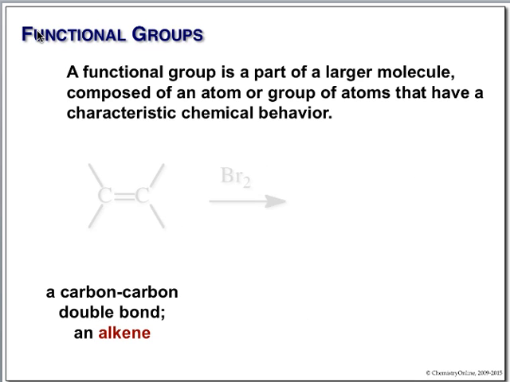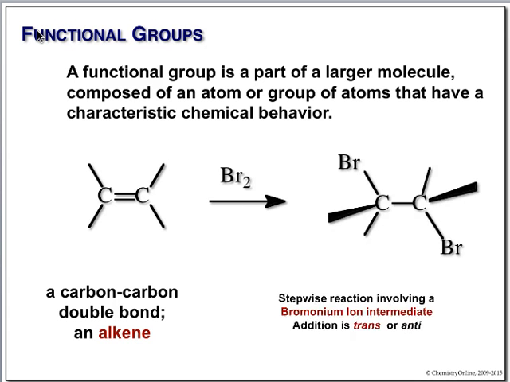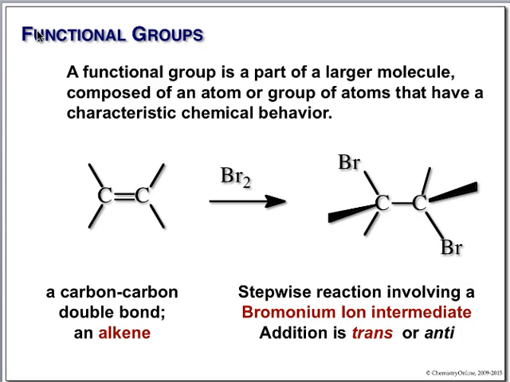For example, if we have an alkene, now this is just a generic sort of thing, just a double bond. We can react this with bromine, usually in a solvent like carbon tetrachloride. We will form a 1,2 dibromide. And not only that, but the stereochemistry, the orientation of the 2 bromines, is going to be anti or trans to each other.